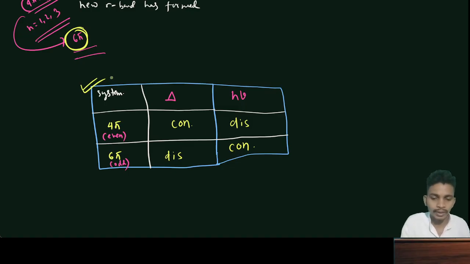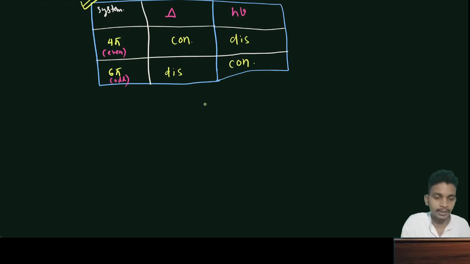This way we can memorize, or we can also remember by a trick. If I say 4 pi, on heating the bond is forming on conrotatory. So I write 4 pi, that is heat, and on con the bond is formed.